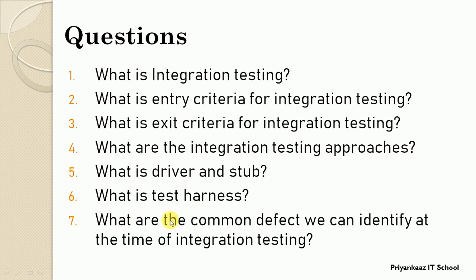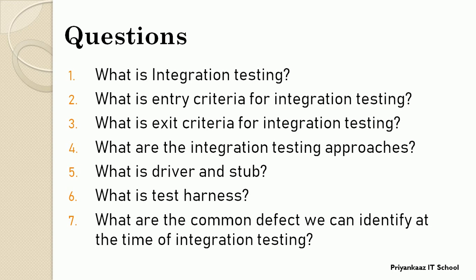Clear? What are the common defects? Now this topic is important. What are the common defects we can identify at the time of integration testing? Integration can be performed at two levels, component and system. So let's discuss the defects which we can find at the time of component integration as well as system integration.